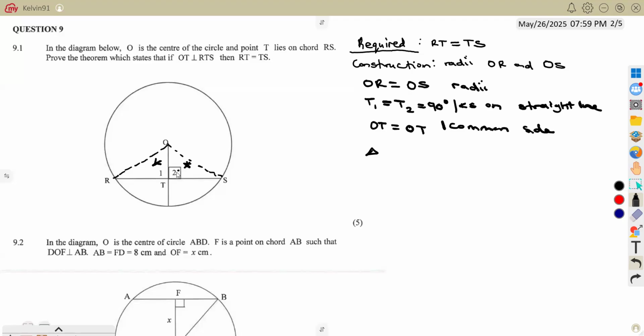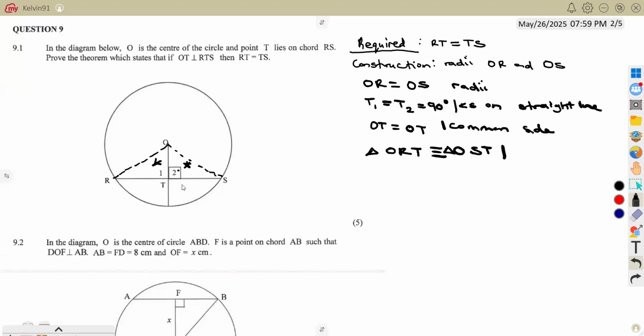We can conclude that triangle ORT is congruent to triangle OST.